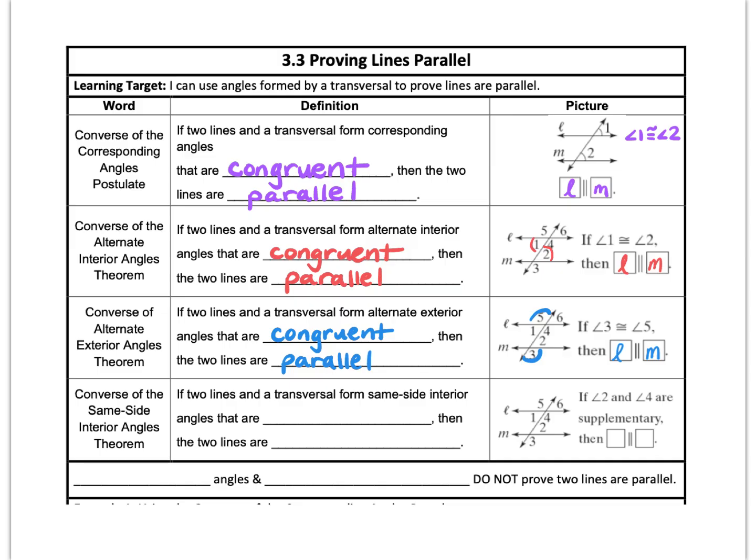All right, the final converse theorem is the converse of same side interiors. If you remember back from lesson 3.2, same side interior angles are not congruent, they're supplementary. So for our converse here, it states that if two lines and a transversal form same side interior angles that are supplementary, meaning they add to 180, then the two lines are parallel.